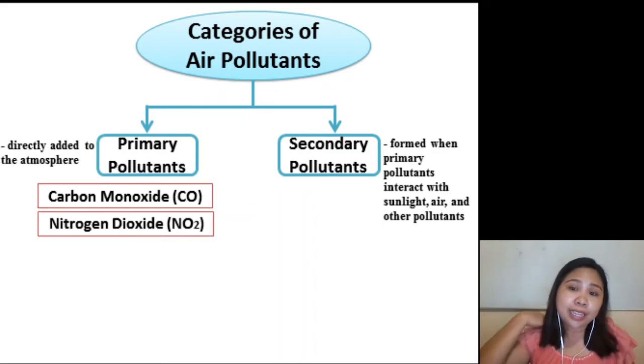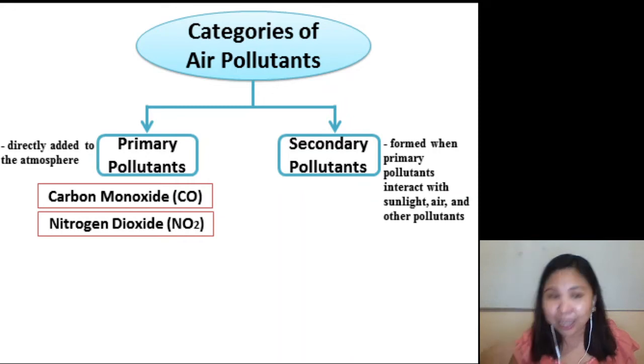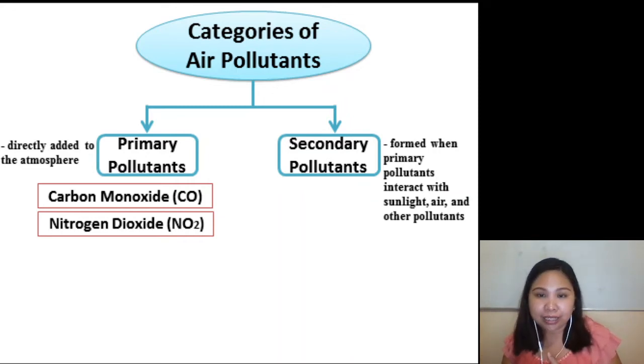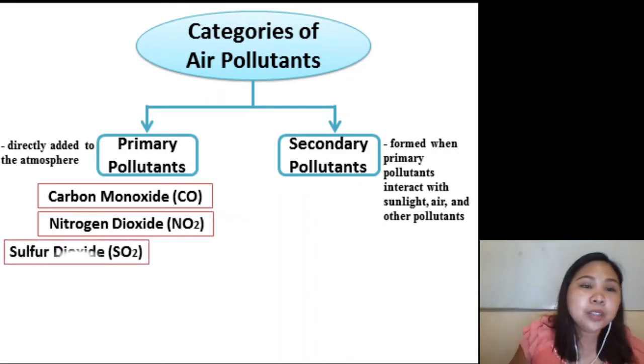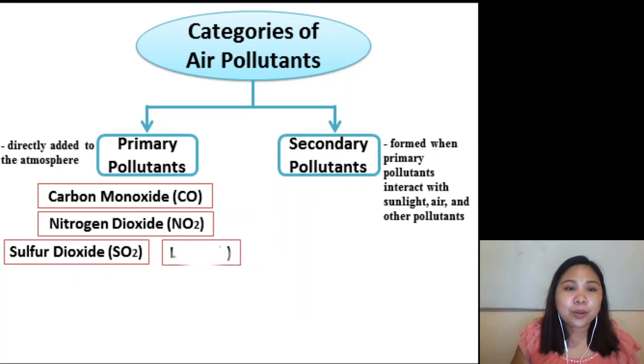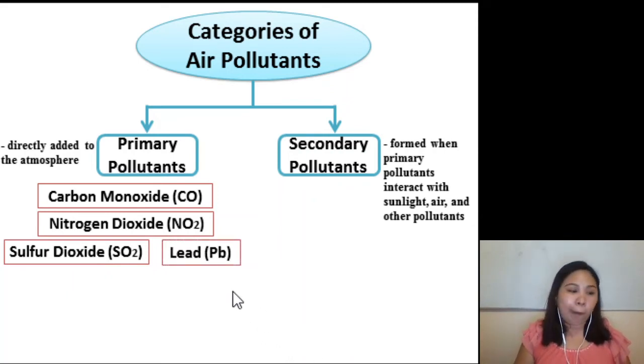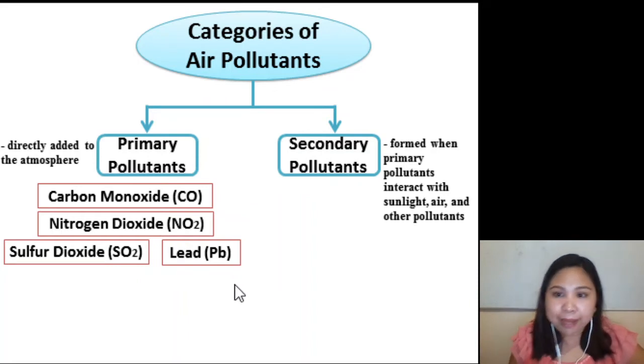I hope you won't be confused between nitrous oxide and nitrogen dioxide. Air pollutants and greenhouse gases are different, I hope that is clear to you. We also have sulfur dioxide. We also have lead, or Pb. This is an element.